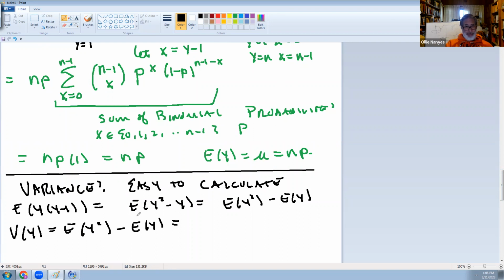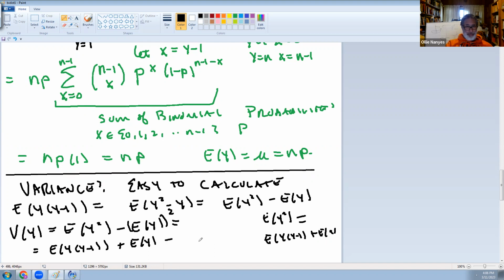well, we know that the expectation of y squared is the expectation of y minus 1 plus expectation of y. So this is going to be the expectation of y minus 1 plus the expectation of y minus, oops, I forgot the square here, minus expectation of y squared.